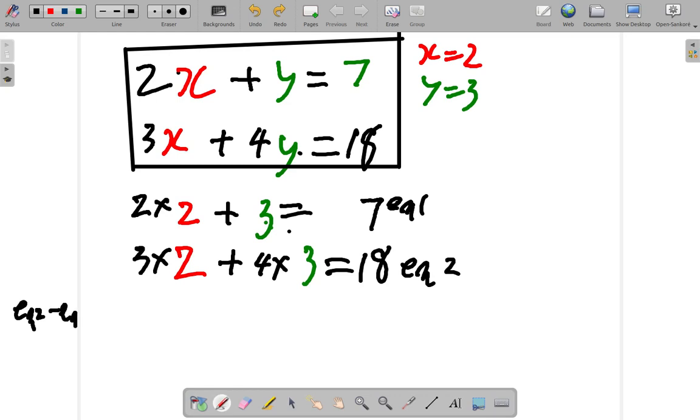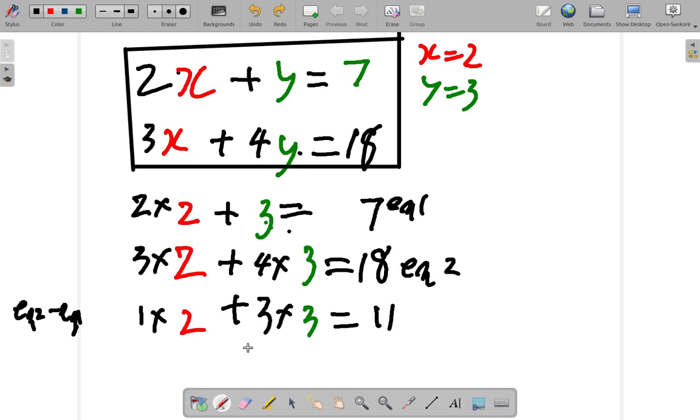Equation 2 minus equation 1. 3 2's minus 2 2's is 1 2, plus 4 3's minus 1 3 gives you 3 3's, equals 18 minus 7 is 11.